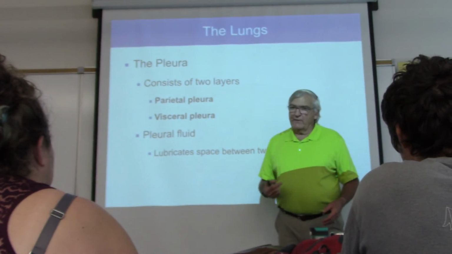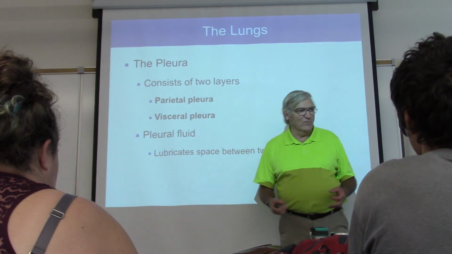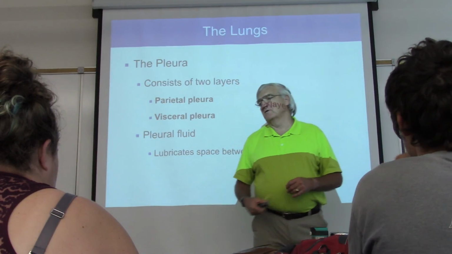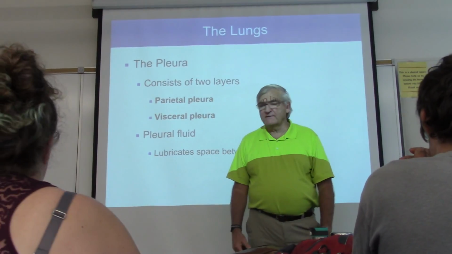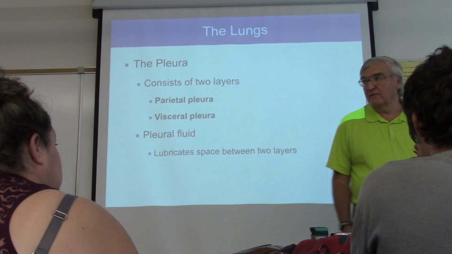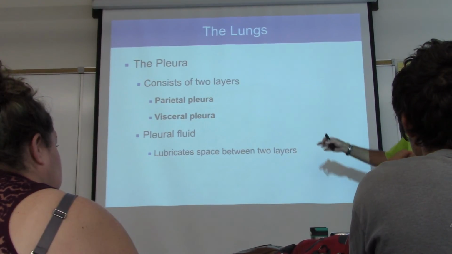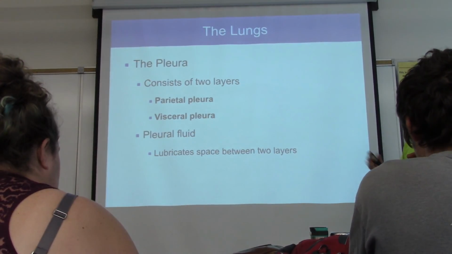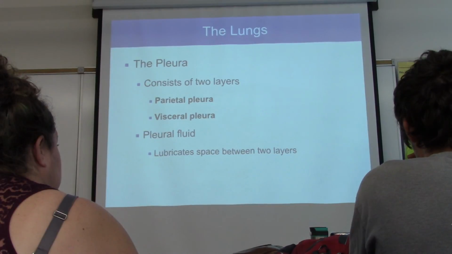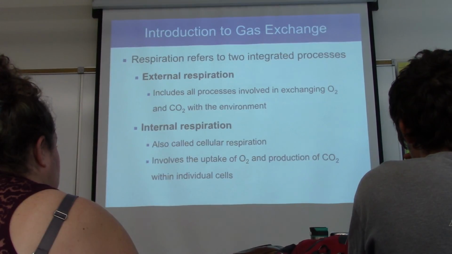If you get a bullet shot through you, it's going to fill up with blood, and we're going to call that a hemothorax. If it fills up with fat or lymph, it's going to be called, it's mostly water, it's going to be called a hydrothorax. So we'll kind of come back to those things, but just so you know that all kinds of things can collect in your pleural space, including pus, and then it's called a pyo, P-Y-O, thorax.